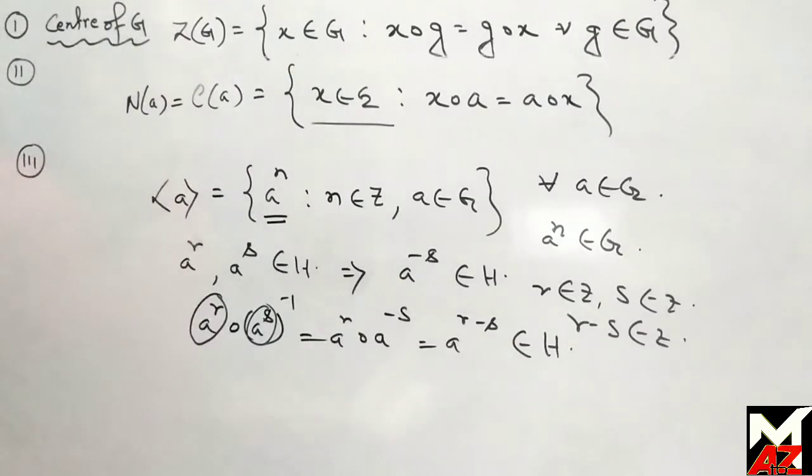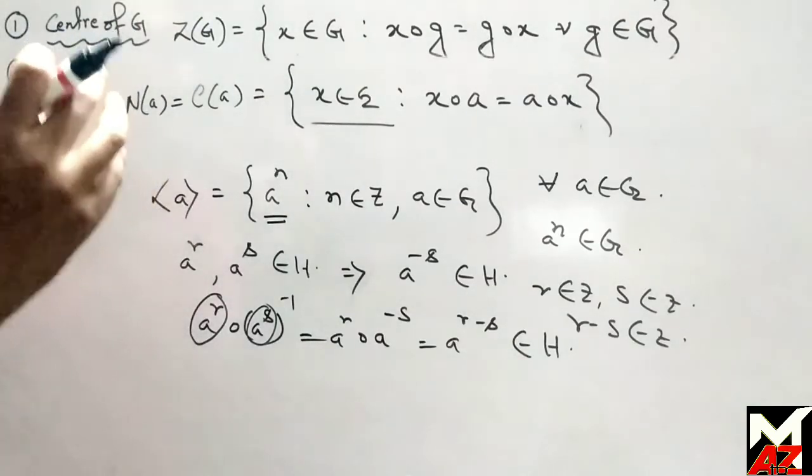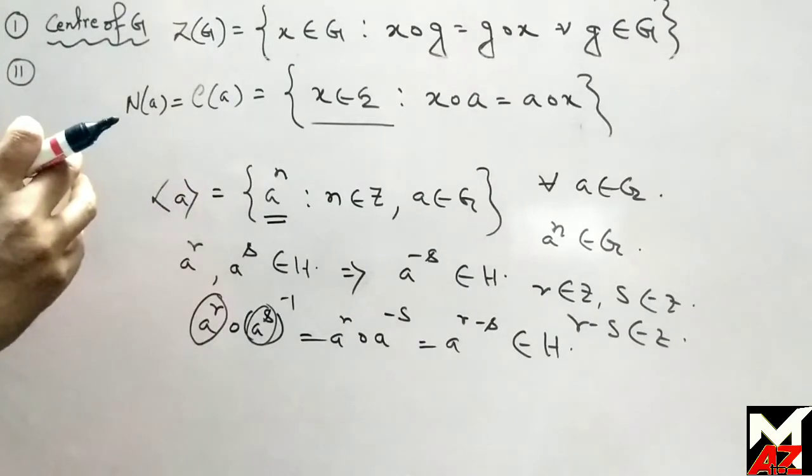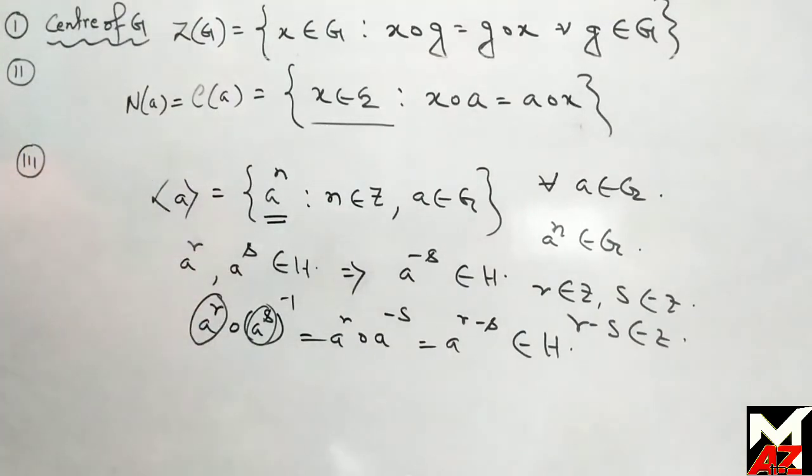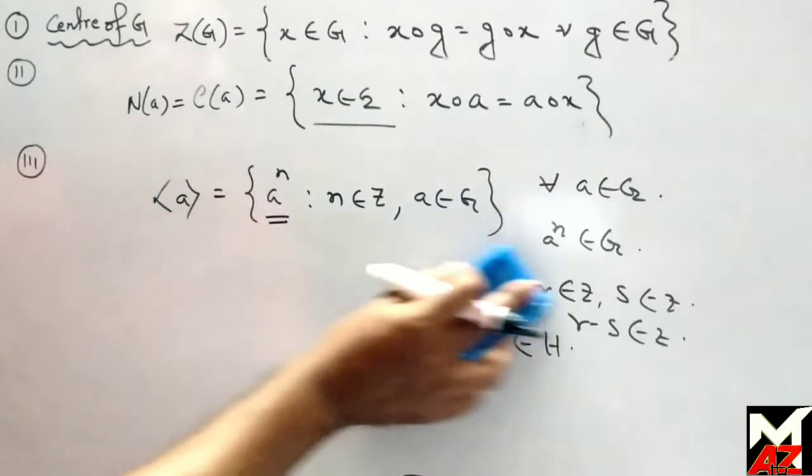Maybe all these subgroups are not distinct. Some are distinct and some coincide with each other.